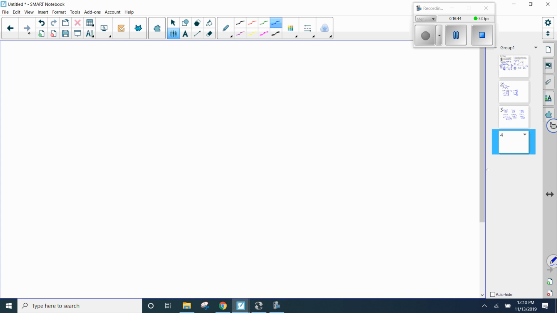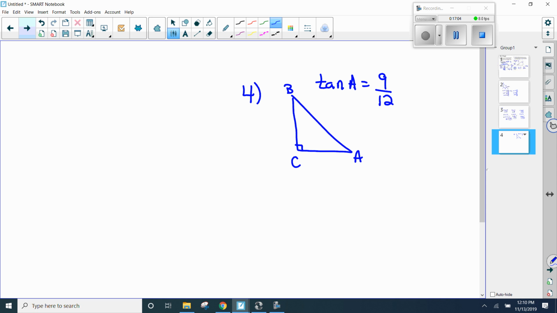However, when you look at number 4, what I want to point out to number 4 is they draw a triangle for you. And they tell you the tangent of angle A is equal to 9/12. What does that mean?